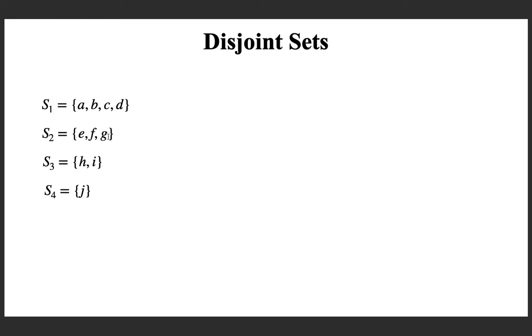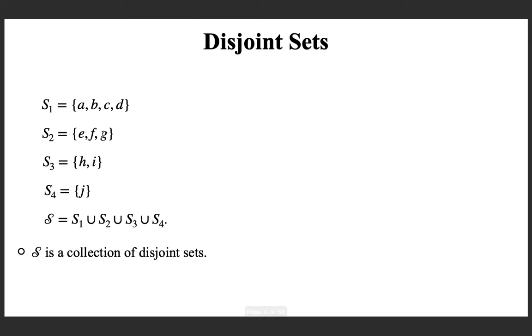If you take the intersection of any two, then you will get empty as the intersection. And the union of these disjoint sets is just a collection of disjoint sets. So when we say disjoint sets, we mean a collection of finitely many disjoint sets.